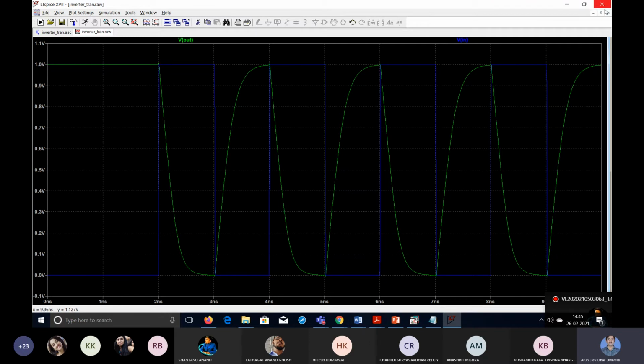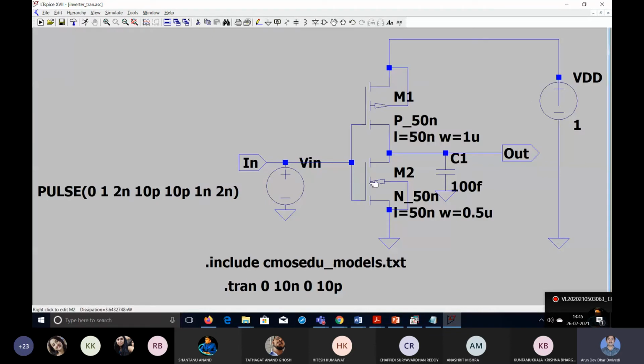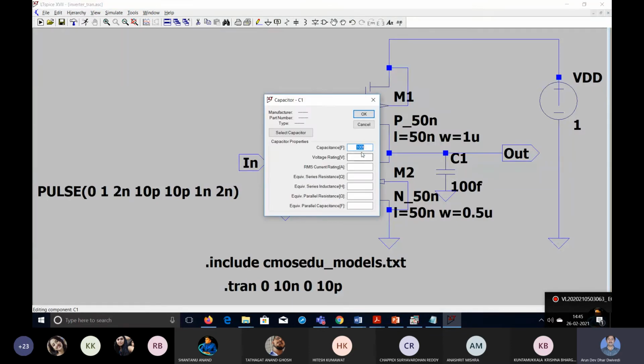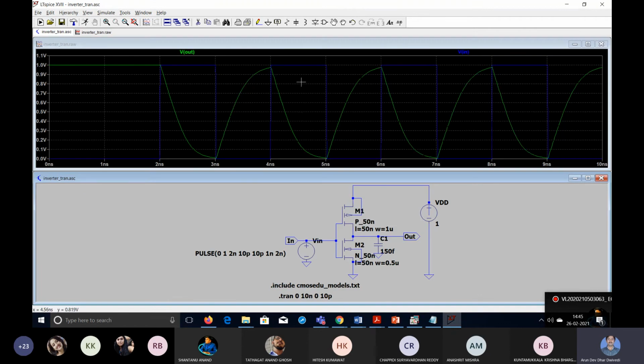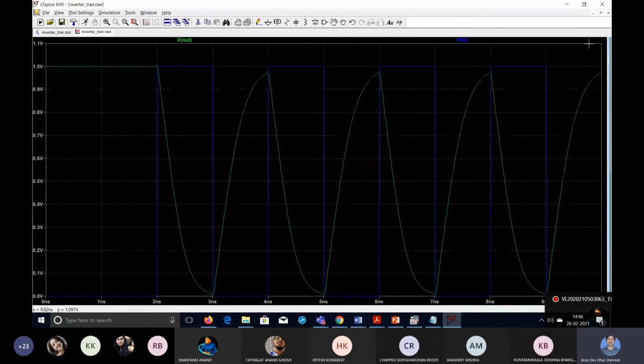And if I increase further, suppose I increase to 150, then you can see this pulse will be too much disturbed. Then calculate and see. Now we can see so much delay coming from high to low.